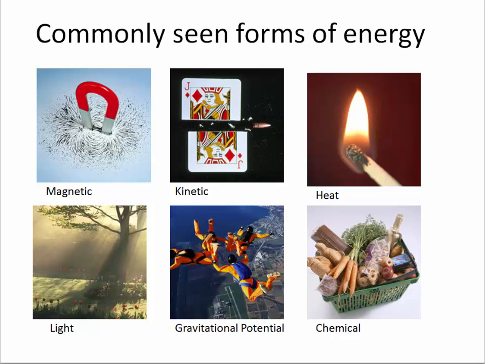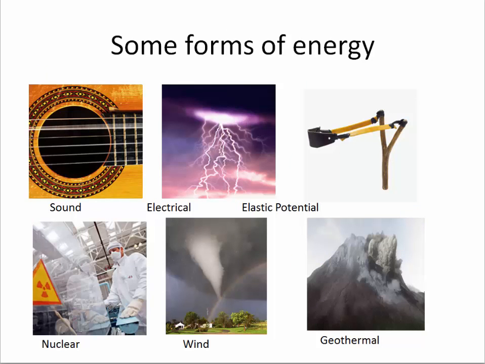Light in the bottom left-hand corner, sunshine coming through these trees, that's a form of kinetic energy. The skydivers that are jumping, hurtling towards the earth, are exhibiting gravitational or potential energy. And chemical energy is stored inside the vegetables that we're going to eat, so that is a form of potential energy.